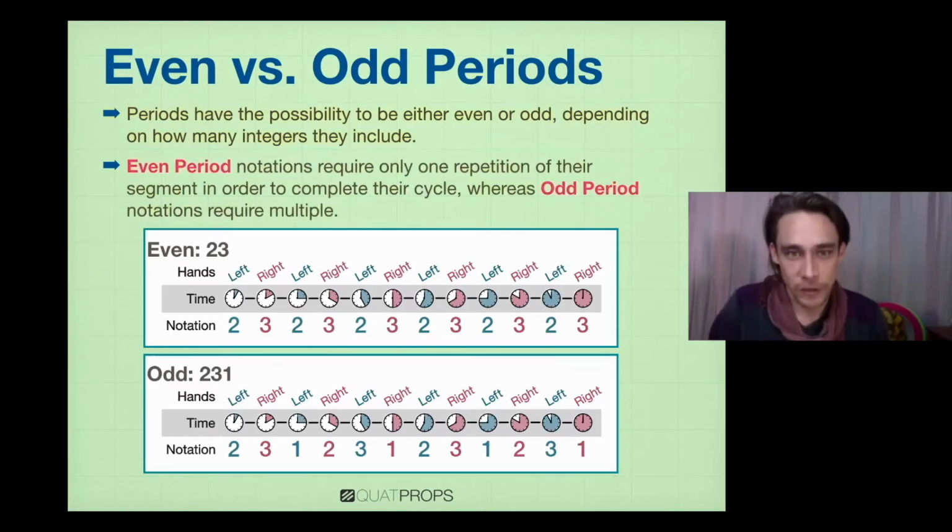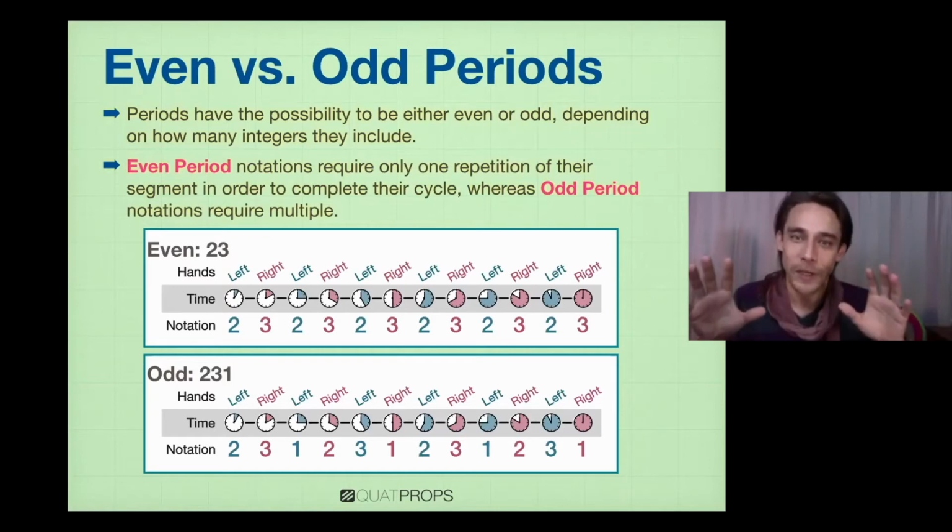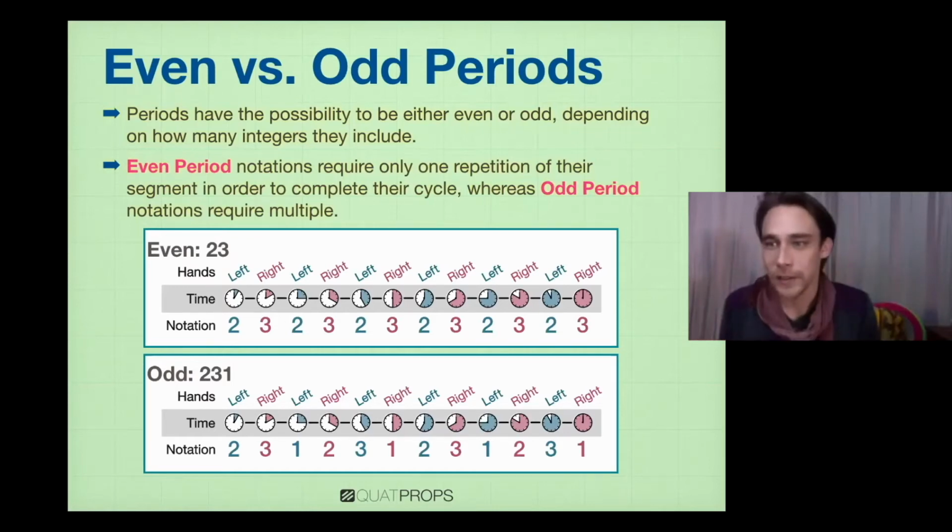The thing here to understand is that an even period notation, because it has an even number of beats and I have an even amount of sides to my body, whenever I have an even period, the objects will not change hands. The objects will not change locations. And it only has to repeat itself once. It only cycles once before it repeats again.